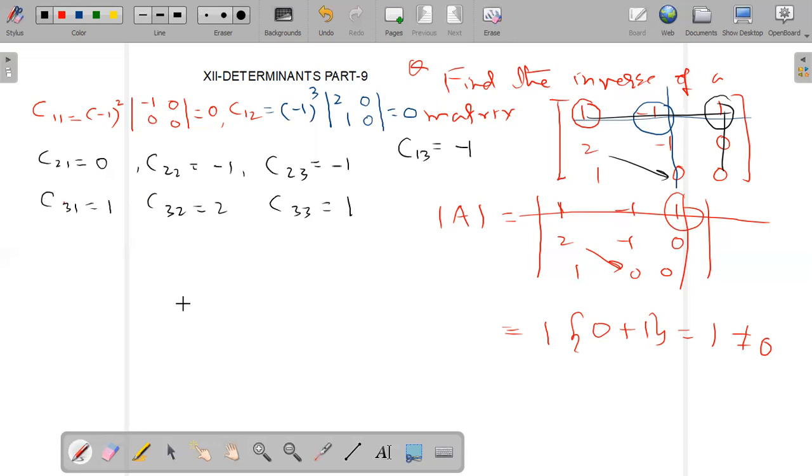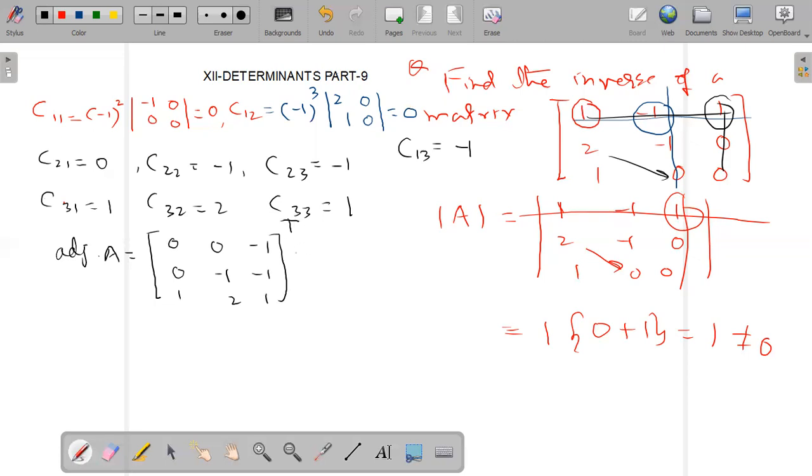Then the matrix of cofactors, and we will find the adjoint of A. So what is the adjoint of A? Adjoint is the transpose of this matrix C11, C12, C13, C21, 22, 23, 31, 32, 33.